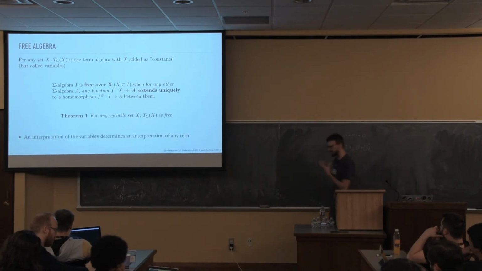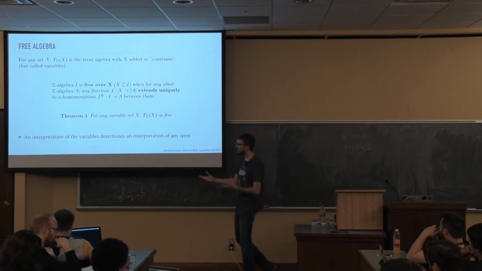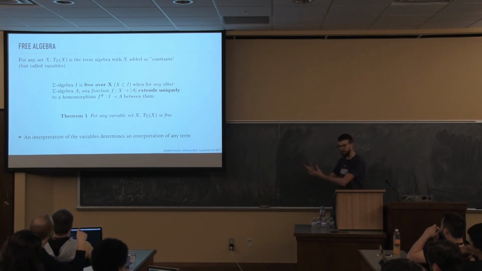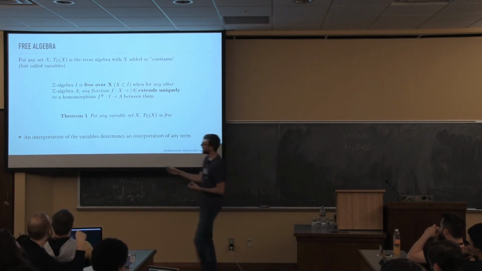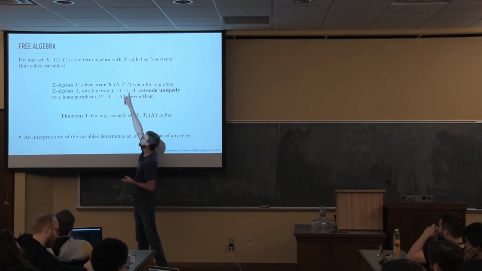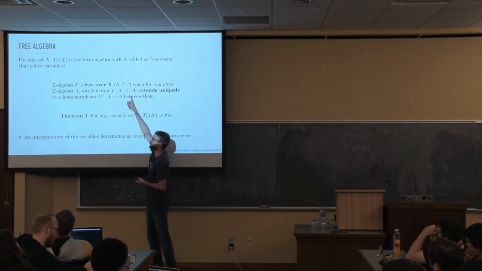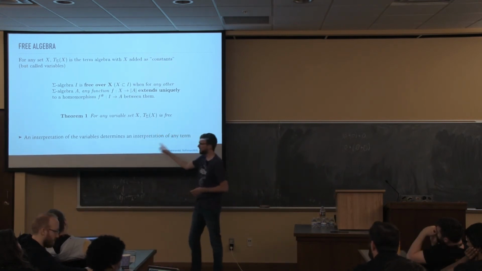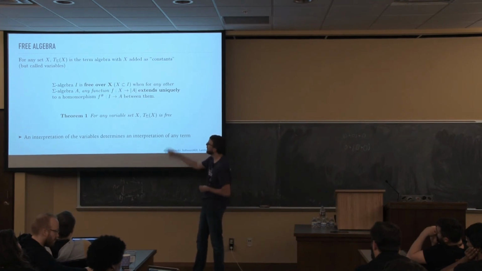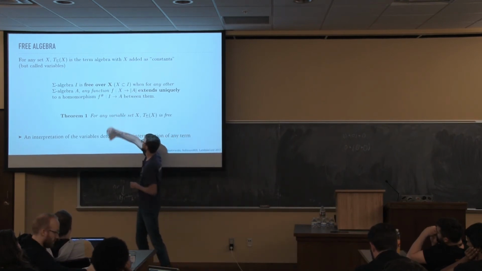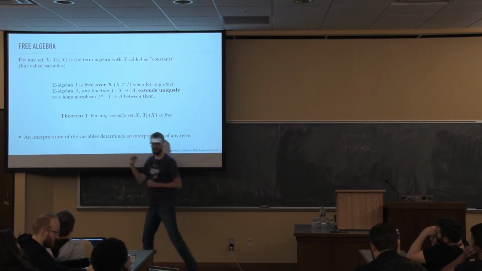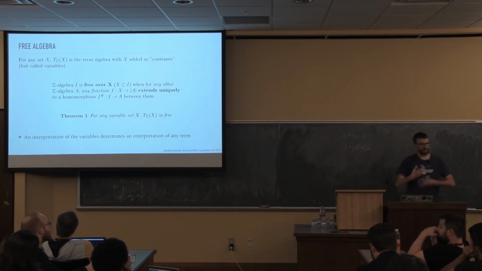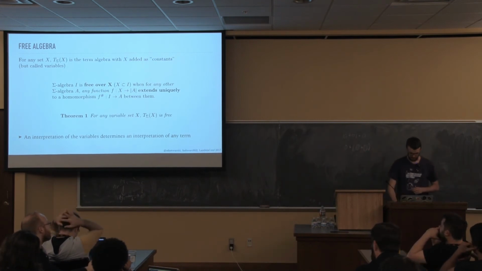It means that if we take a variable set X, we build terms using our signature, our language, with variables from the set X, and if we have an interpretation of the variables in our target algebra, this extends uniquely. There's only one way to extend this function to a homomorphism between the term algebra and A. So the evaluation of the variables determines the value of any term built on top of these variables.